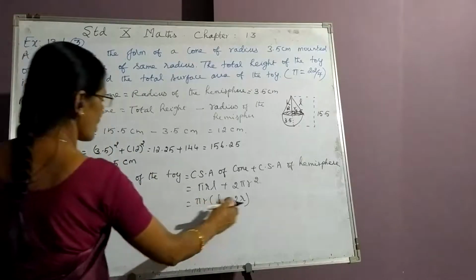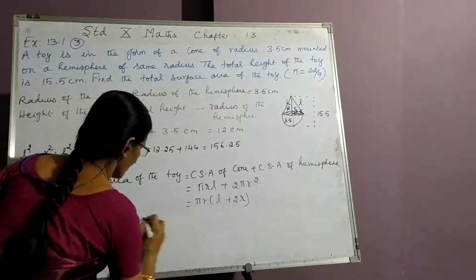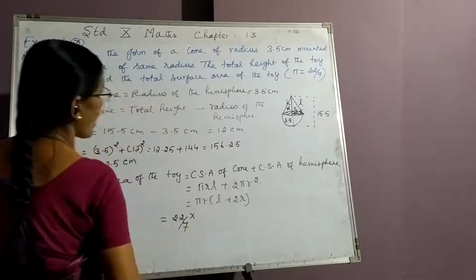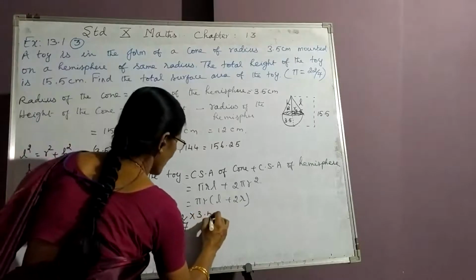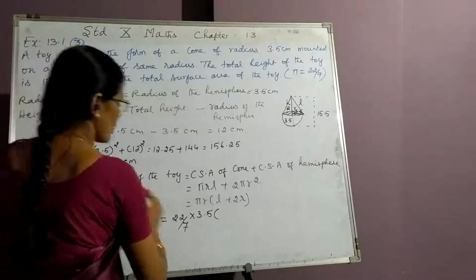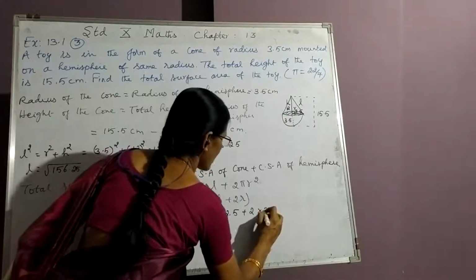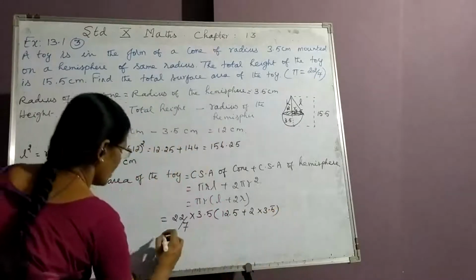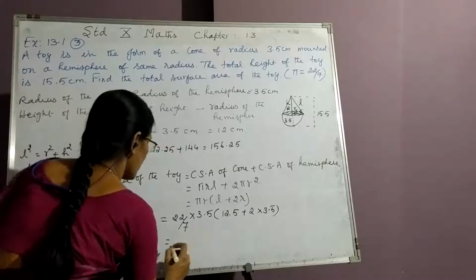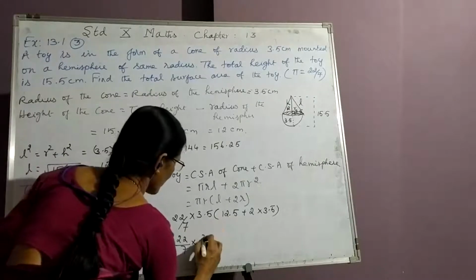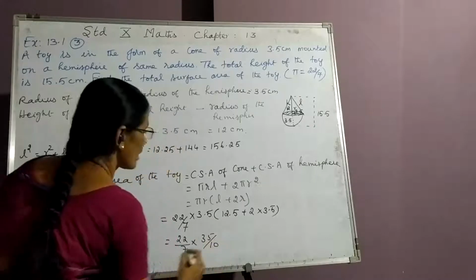So we got l and r, thus we are going to substitute, pi is equal to 22 upon 7, r is 3.5, l is 12.5 plus 2 into r, r is 3.5. Here it is 22 upon 7 into 3.5, we can write 35 upon 10.